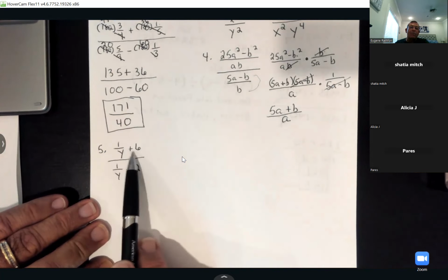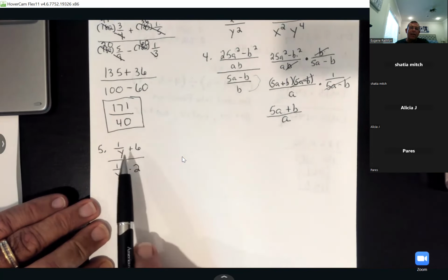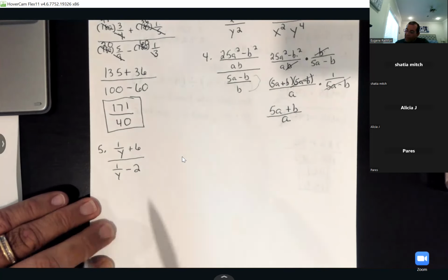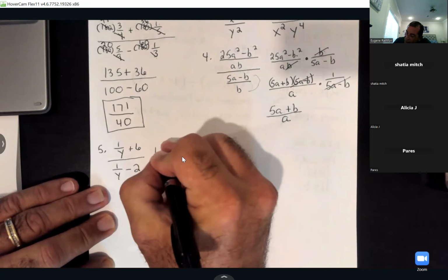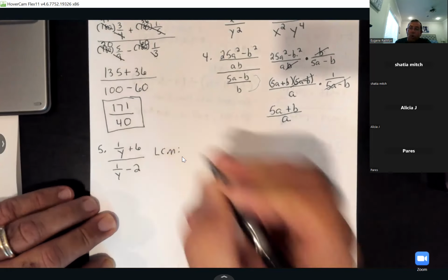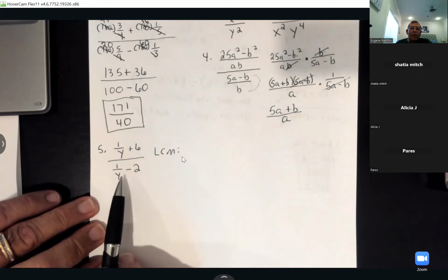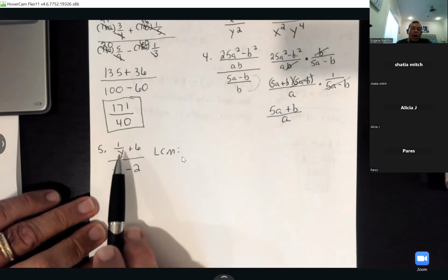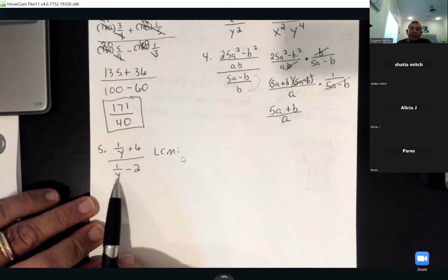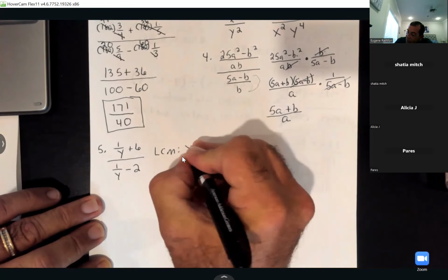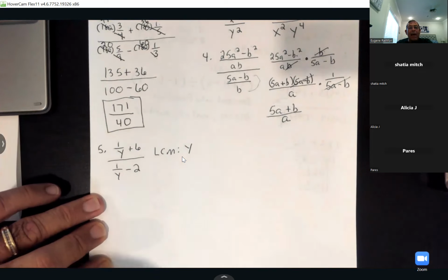I got fractions within this big fraction again. So since I got more than one part on top and bottom, on this one, I'm going to multiply by the least common multiple. And the only denominator we have is a y, and the most that happens in any of my fractions is 1 time. So my least common multiple will just be that y.